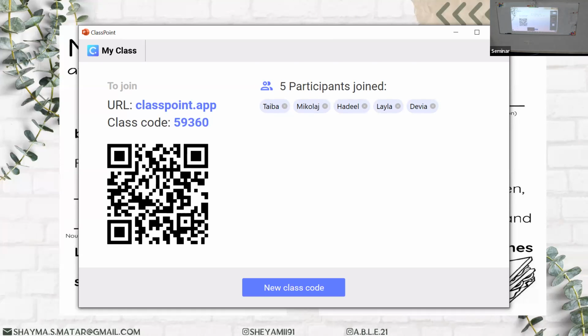You're about to solve this worksheet and then take a picture of it and upload it using ClassPoint. You can scan this QR code to get into this class.